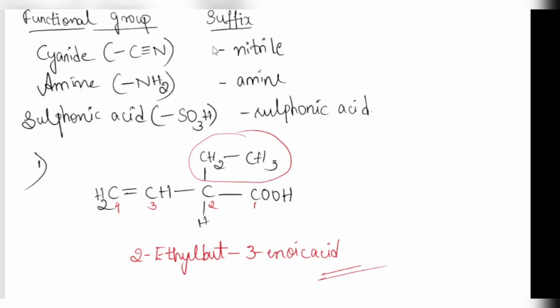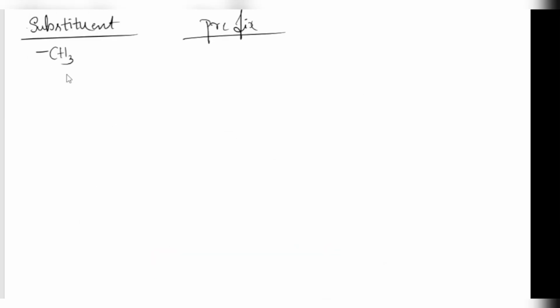When a substituent is there, here I will write the substituent and the prefix used for it. If a CH3 group is there, it is called methyl. For CH2 and CH3, if this group is there, we will call it ethyl.